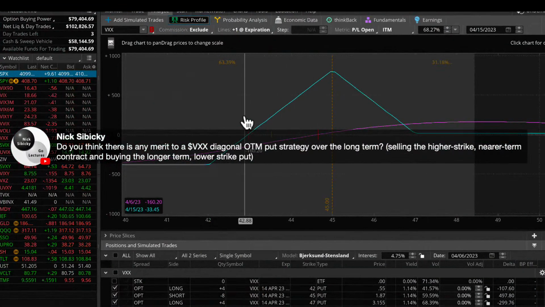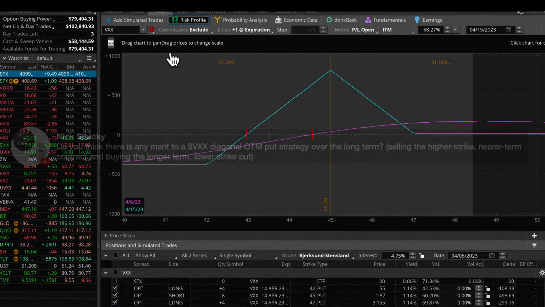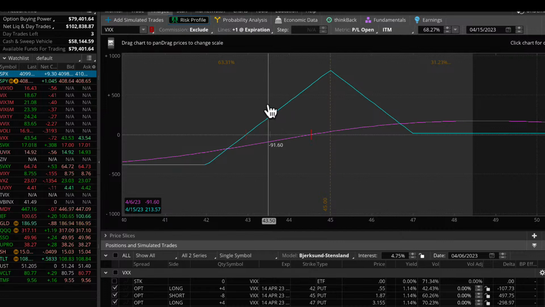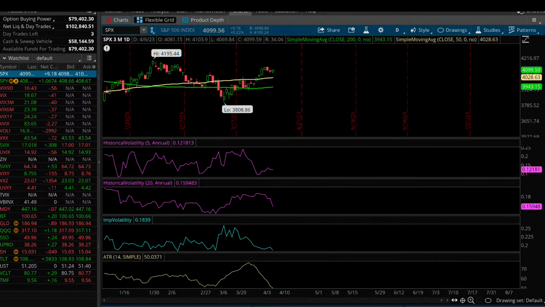I churn through these basically every 1 to 2 weeks. I just layer and churn. Of course, you could do an out of the money put diagonal as well. They're all kind of the same. You could even throw up Iron Condors as long as you lead them that way. It's all kind of the same.